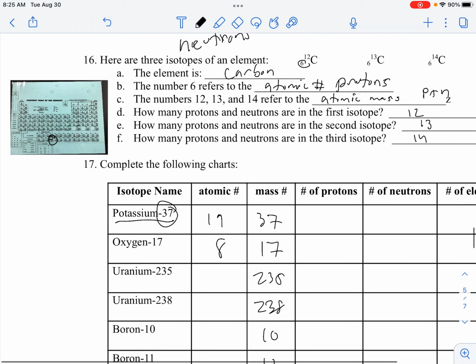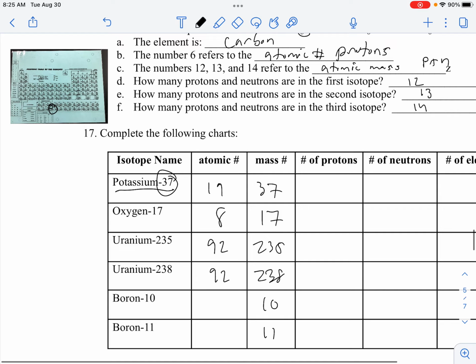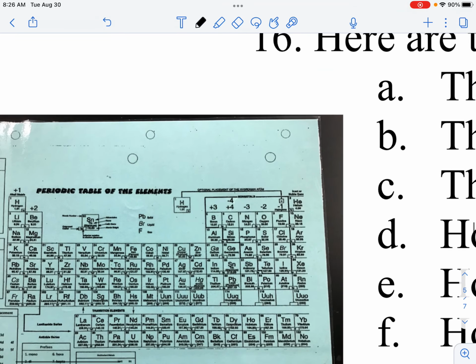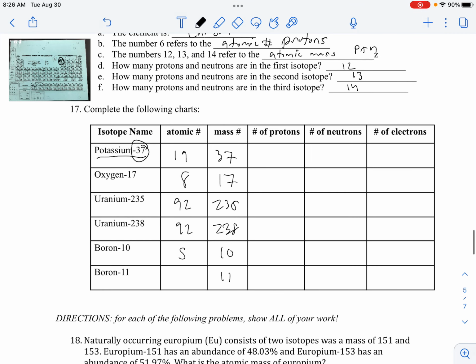So here, 92. Remember that the atomic number doesn't change as long as the element stays the same. Boron is here and it's 5. Okay. So number of protons is basically the atomic number, so that's easy.